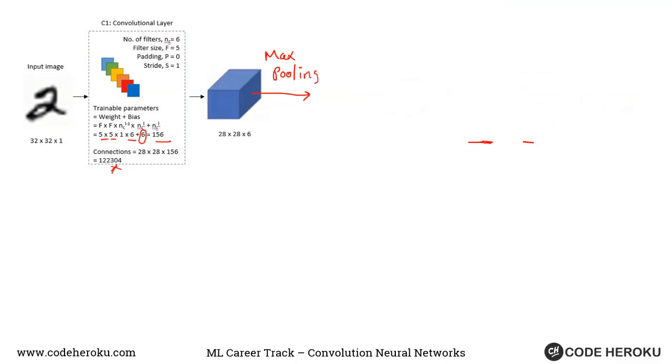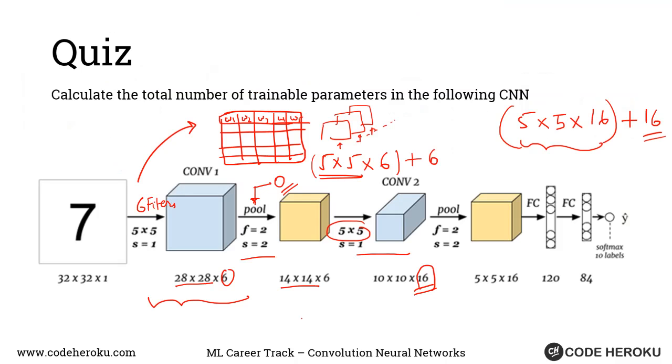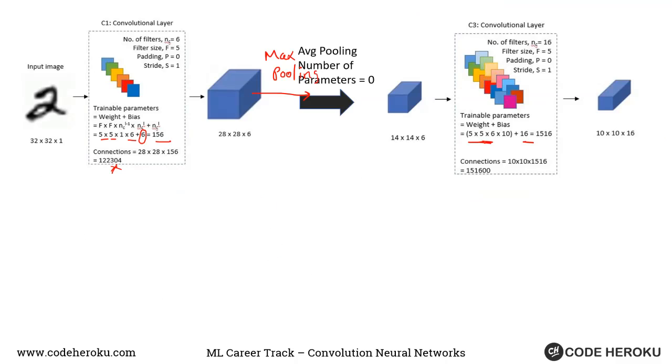I said 5 times 5 times 16, so I guess this should be 5 times 5 times 16. Because we have 16 such filters, each filter is 5 cross 5. We have 16 filters, so it should be 5 times 5 times 16, plus 16 bias terms, and whatever you get as the answer.